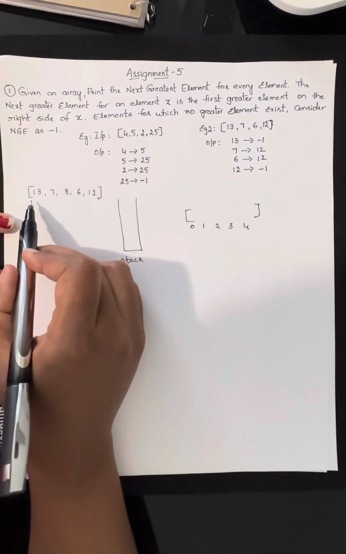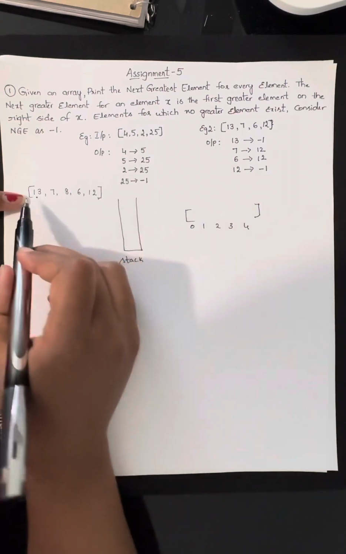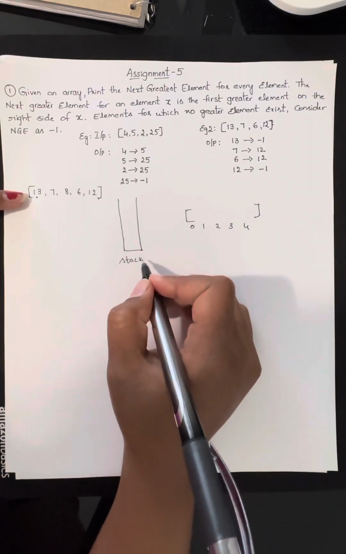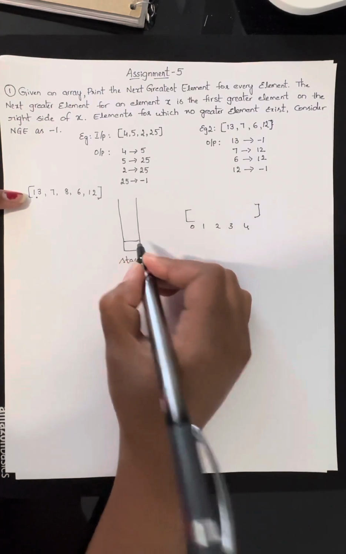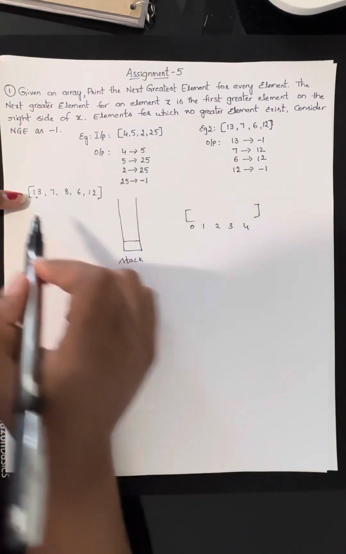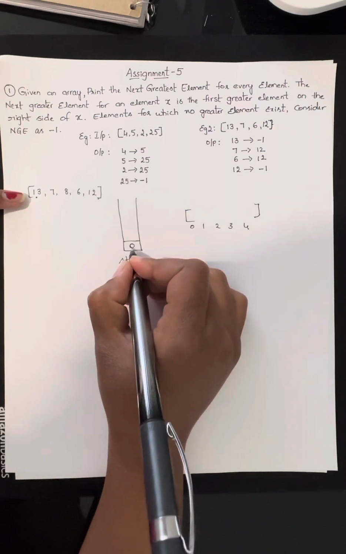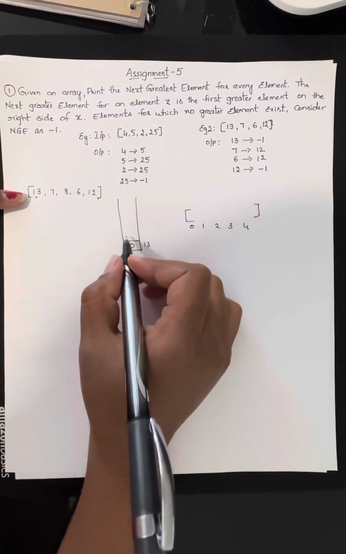Now let's start with the first number in the input array, which is 13. Since there are no other numbers in the stack, we are storing the indexes of the numbers in the stack. So we'll store 0, and it is 13 at 0.